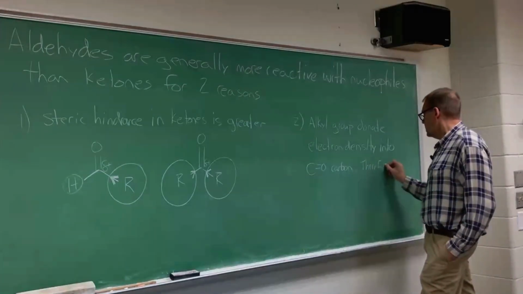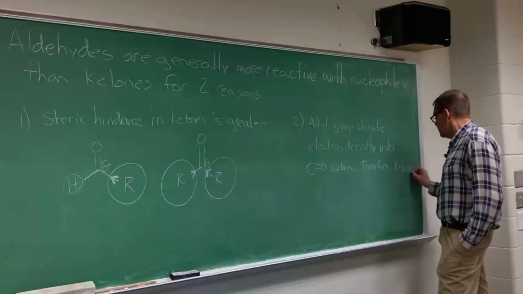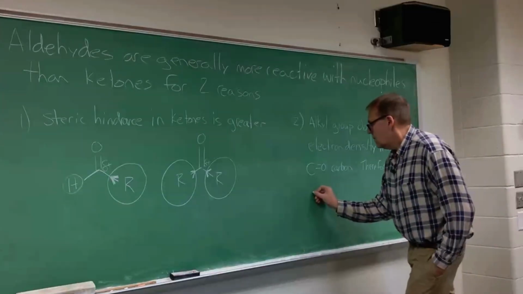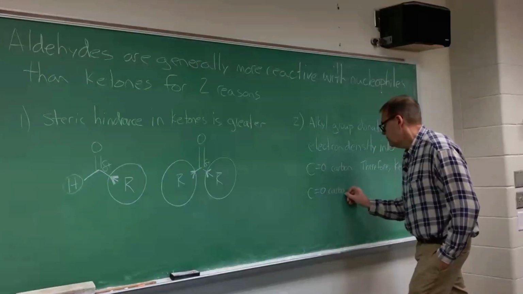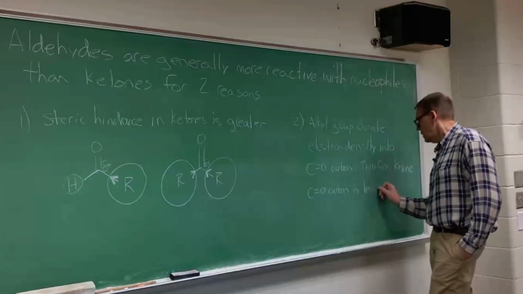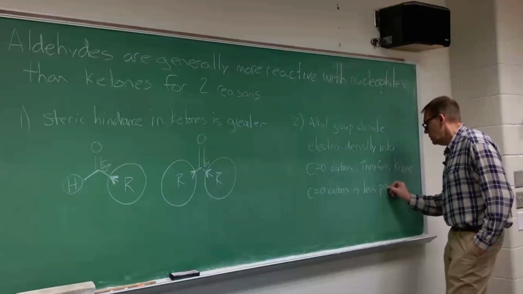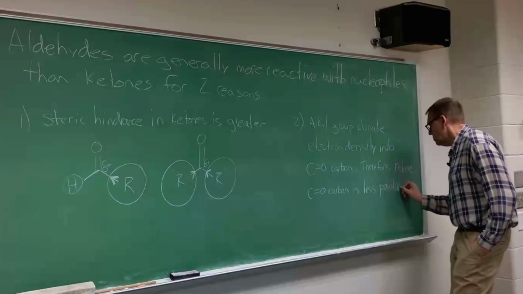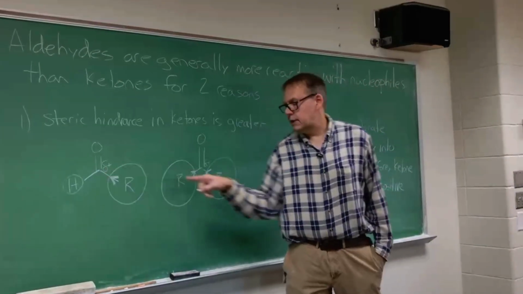Therefore, the ketone C double bond O carbon is less positive. They both have partial positive charges, but the partial positive charge is bigger on an aldehyde than it is on a ketone.